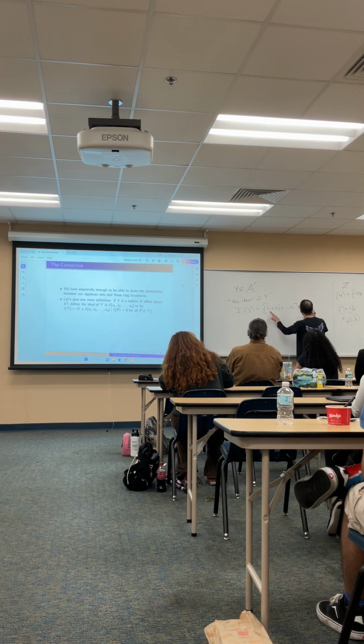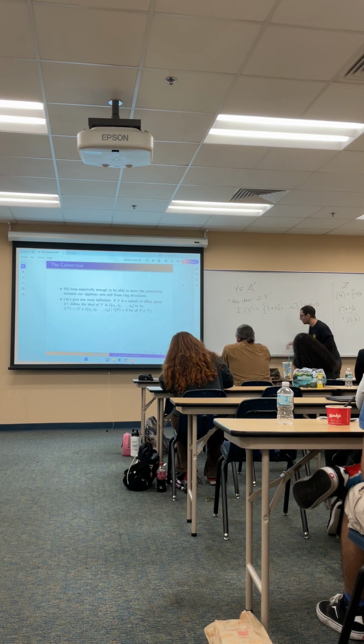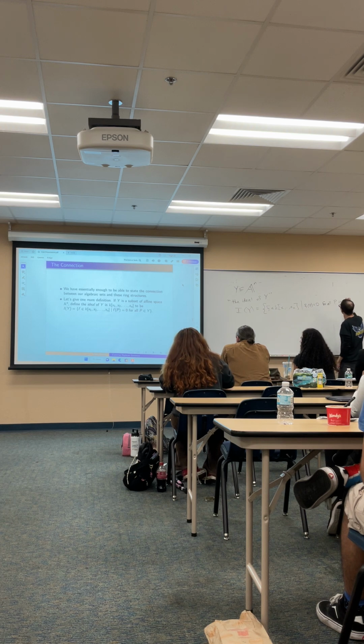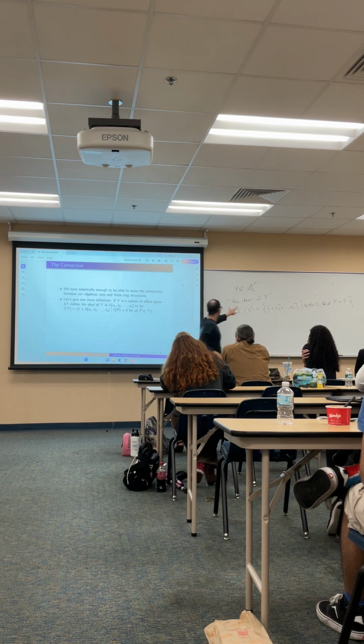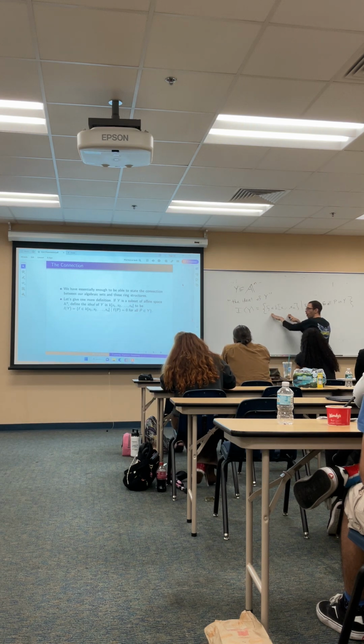So if you have a polynomial that you get 0 if you plug in any element of this set y, then you say that that polynomial is in the ideal of the set y. So the ideal of y is a collection of polynomials.